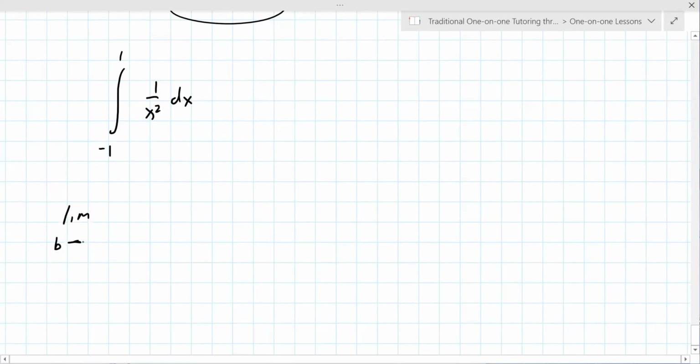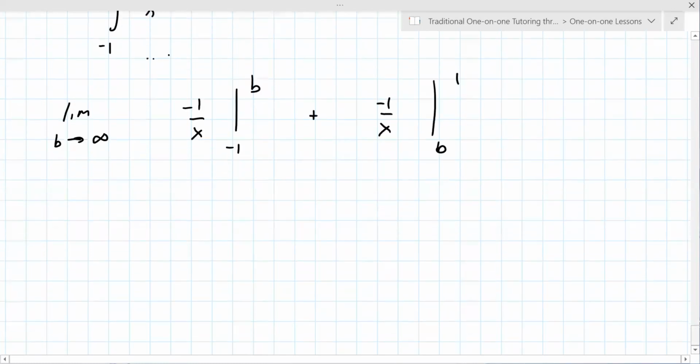Okay. So I guess my question is how to identify between just a definite integral and the other kind. It's really this. So this one, after you do all the work, it's the limit as b goes to infinity of minus 1 over x evaluated from minus 1 to b, plus minus 1 over x from b to 1. Okay, like after you find your antiderivative and split it up. So now we're gonna, I'm sorry, b goes to 0, not minus 1, sorry. So now we're gonna actually do that. Limit as b goes to 0.